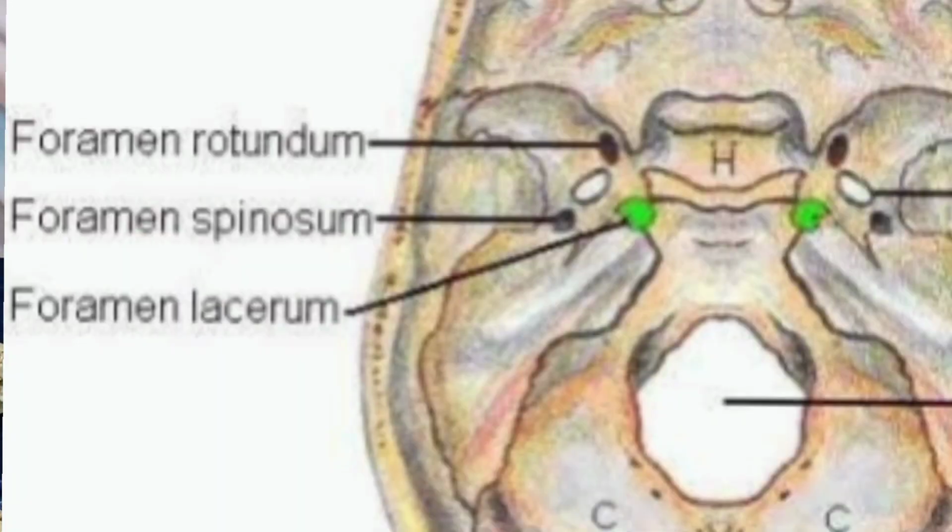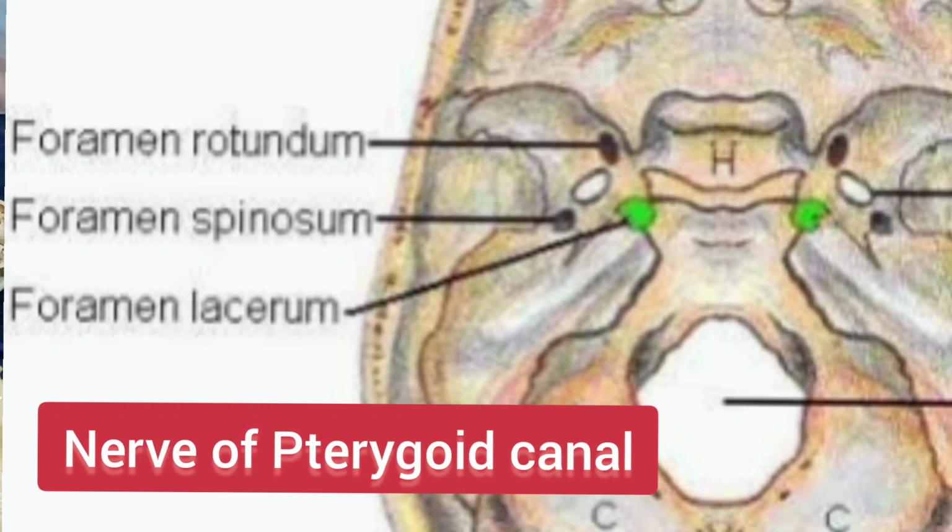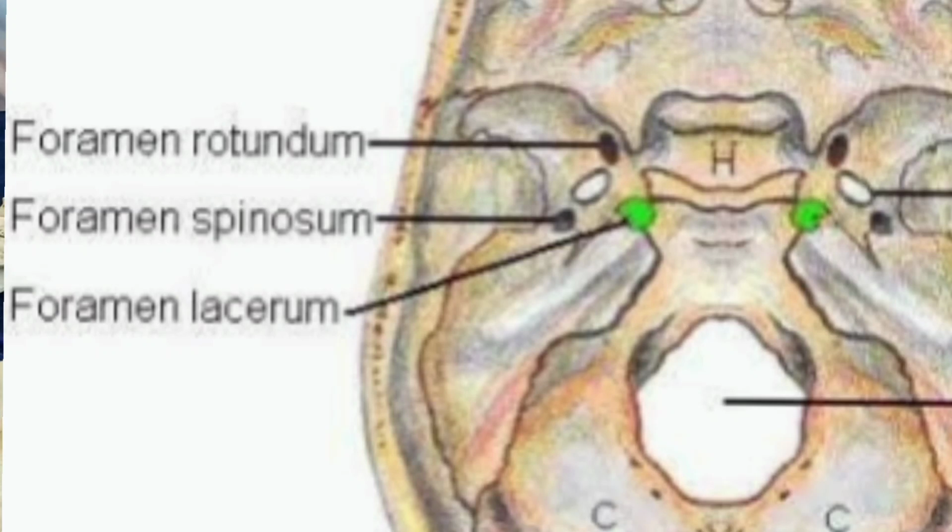But the structures passing through the foramen are the nerve of the pterygoid canal, which is formed by the deep petrosal nerve and greater petrosal nerve, and the pterygoid vessels, and some terminal branches of the ascending pharyngeal artery.